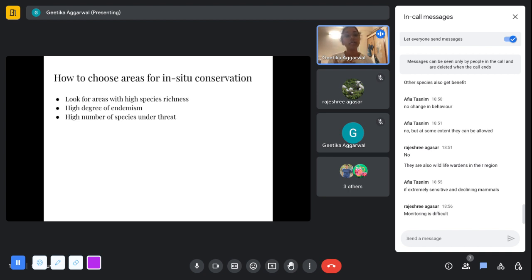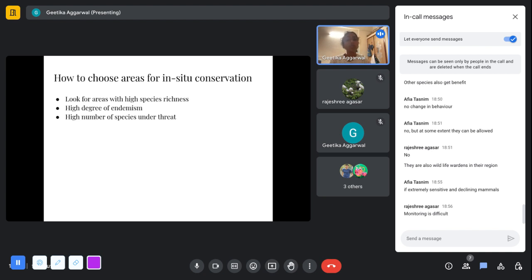As we discussed, if an area is highly biodiverse, if the species richness is high, then that area is worth saving, because that community is complex and a lot of those species will be dependent on each other. If any one of them gets affected, the others also might decline in their numbers, because there might have been certain links in the community that you were missing out but which already existed. So it's important to look out for areas which are highly speciose.